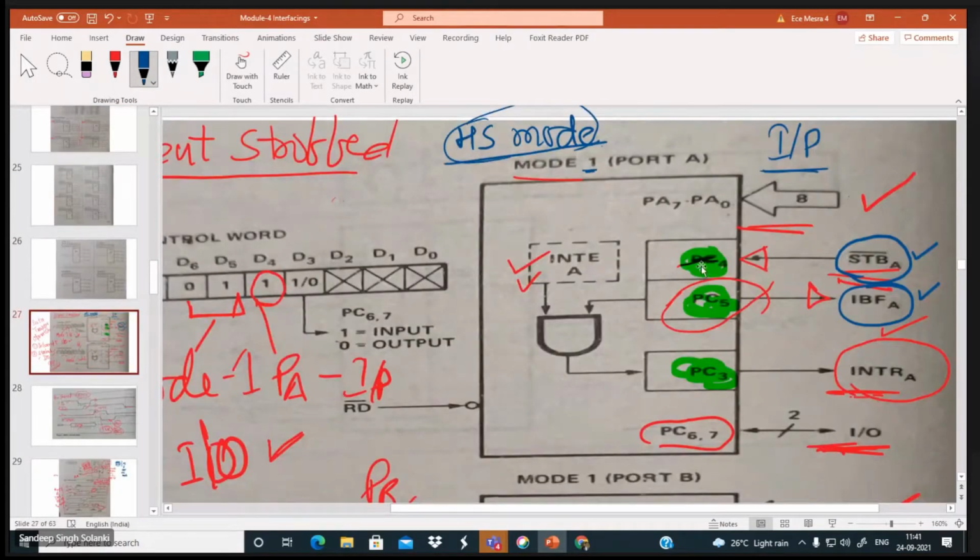With that, you will understand which pin it is. See here, for port A, you are finding that this is PC4 and this is PC5, and there is one more pin which is called PC3, through which you are getting an interrupt generated. So you please mention that.